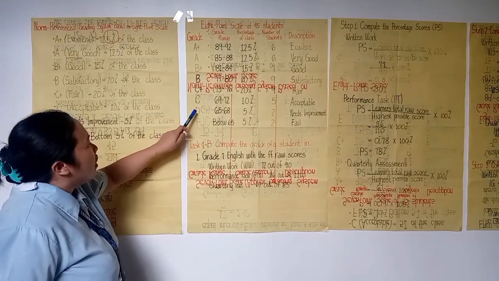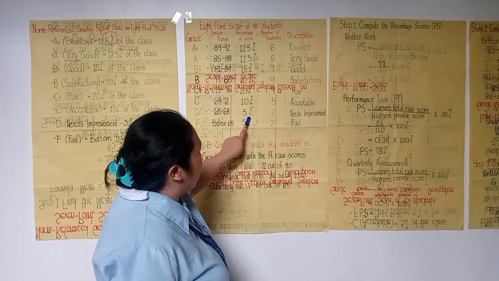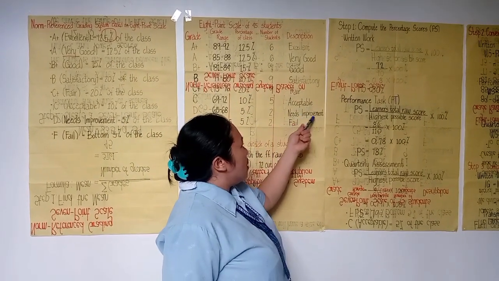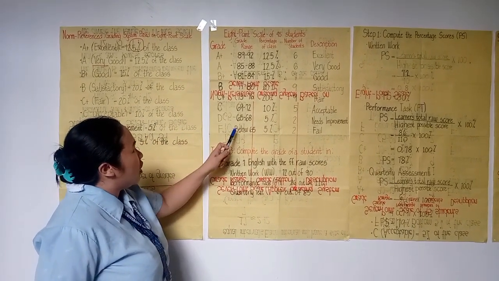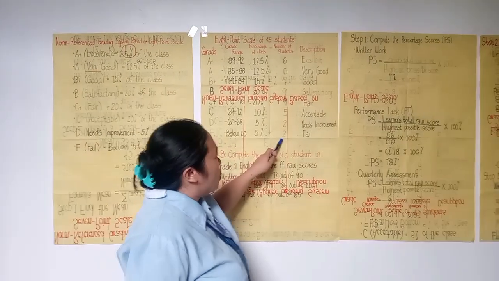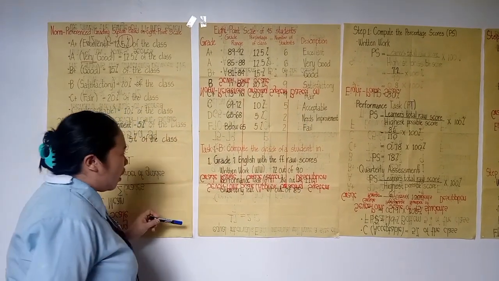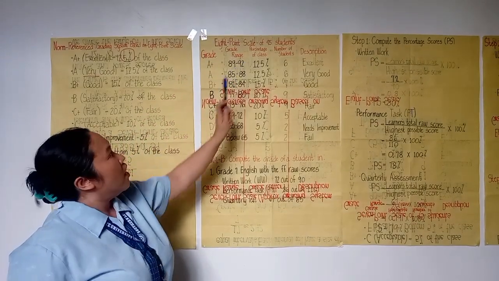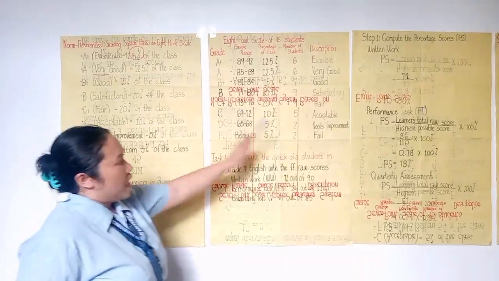So grade D, grade range between 65 to 68, we have 5%, so 2 students, described as needs improvement. Then lastly, grade F or below 65, we have also 5%, so 2 students have a failing mark. Therefore, in the 8-point scale, two students have a failing mark.